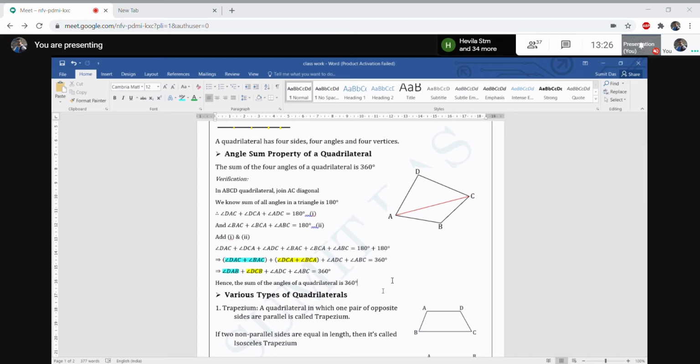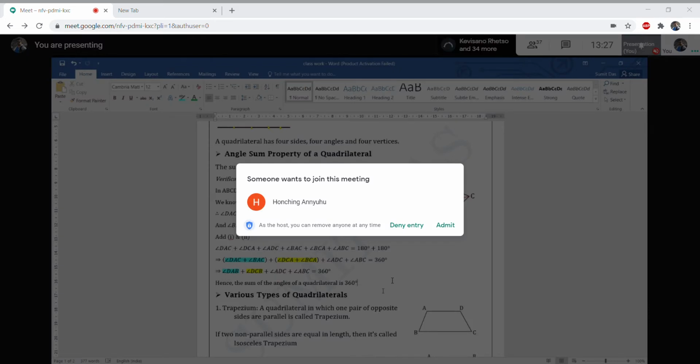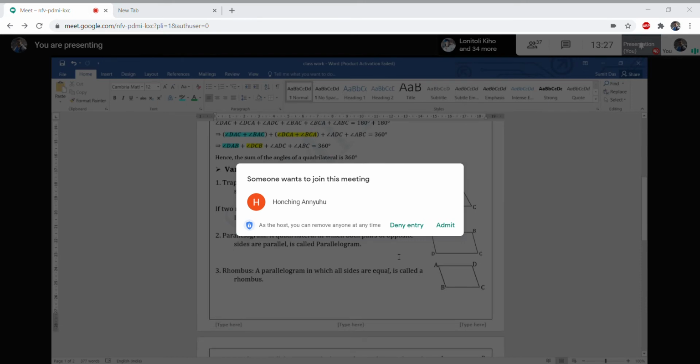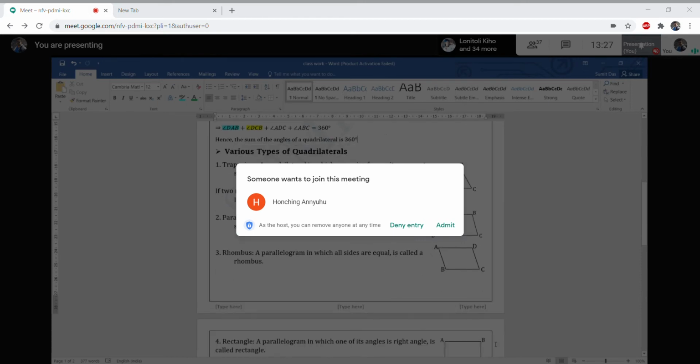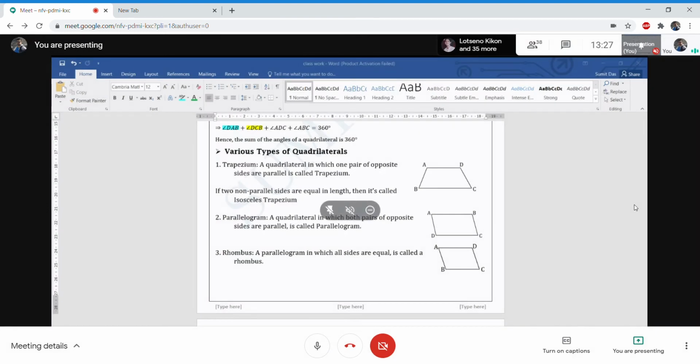Our next part is various types of quadrilaterals. Most of you already know about the various types of triangles.